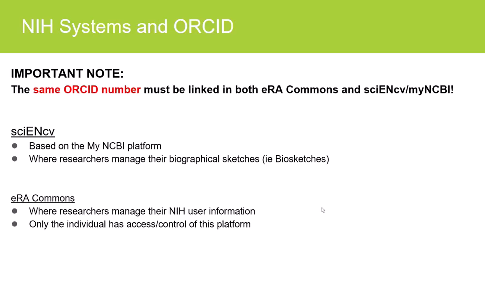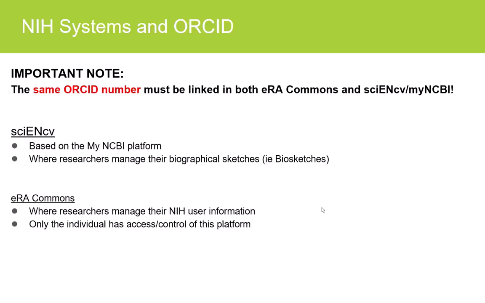It is essential that the same ORCID number is linked for a researcher. It is not uncommon that a researcher will have more than one ORCID ID over their career. Maybe they got one in grad school, they forgot about it. Then they went into their first position and they created another one. And then they moved to another job and they didn't remember that, so they took another one. It's so easy. They make it too easy to create one.